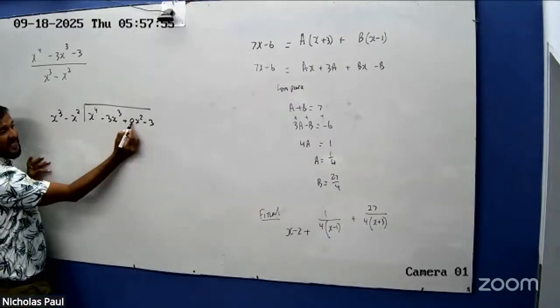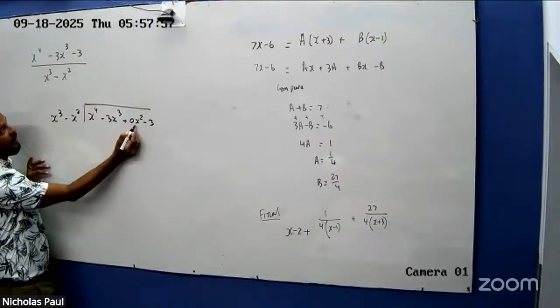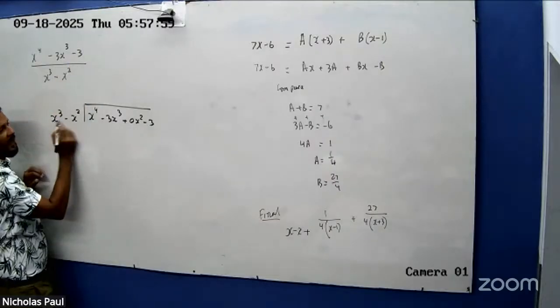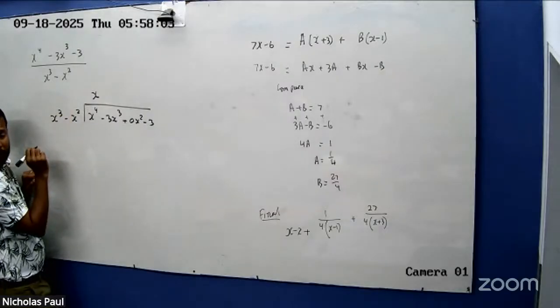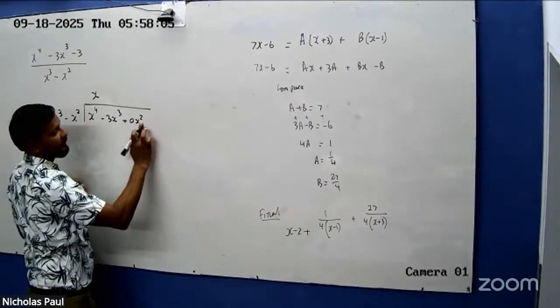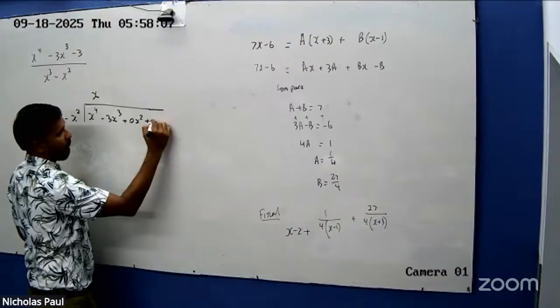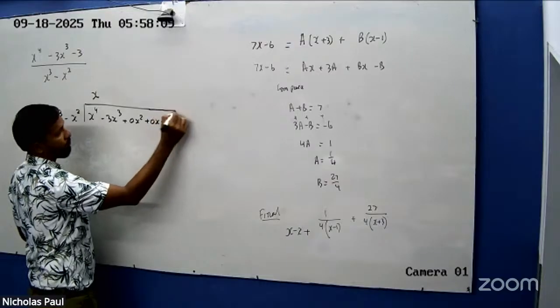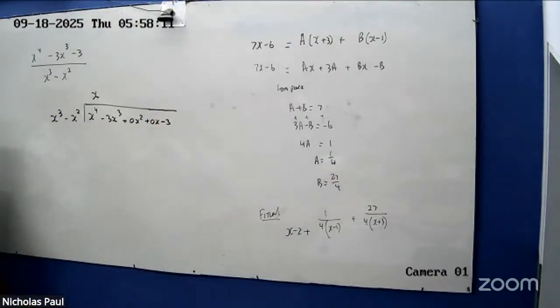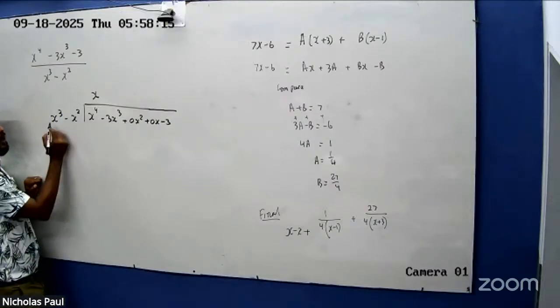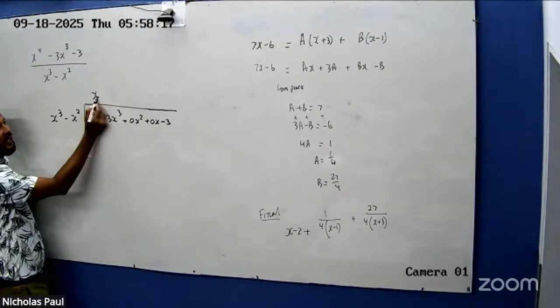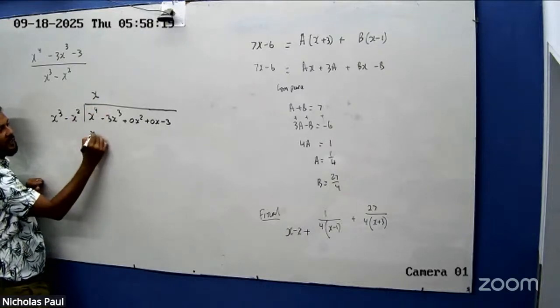I added in the 0x squared because the x squared term wasn't here. X cubed into x to the fourth is x. X by x cubed is x to the fourth.